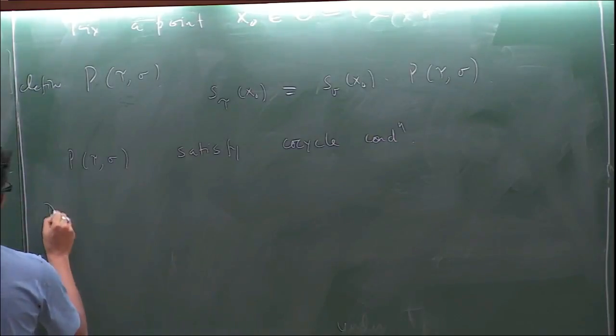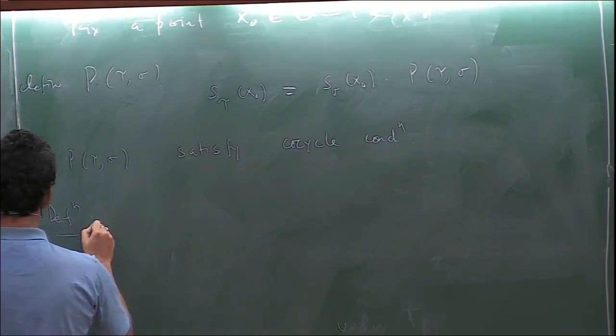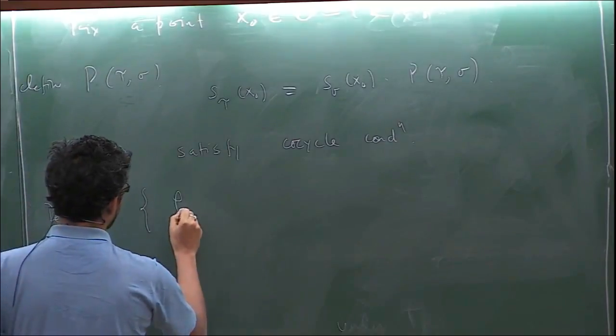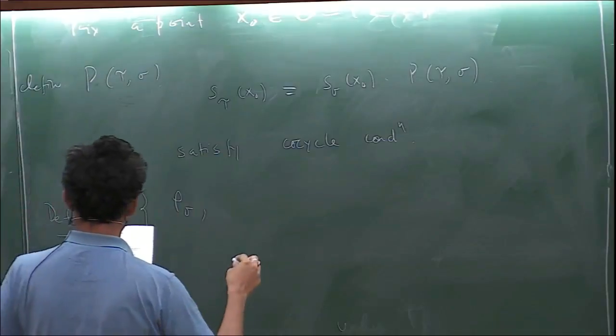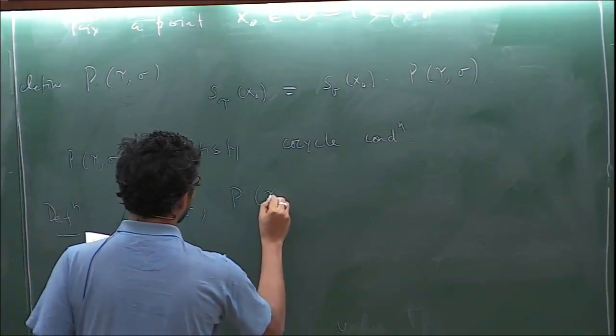So now you define, so definition. For each sigma, there is a homomorphism rho sigma which factors through T sigma, and this P tau sigma.